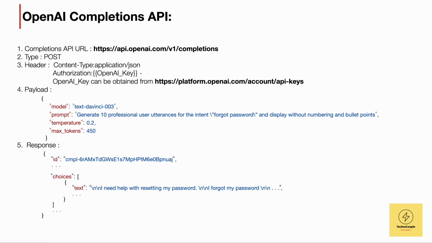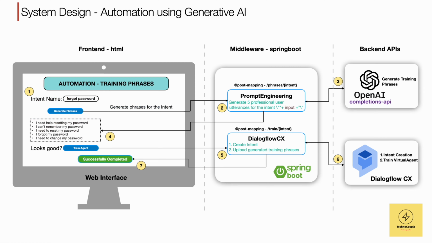In the Completions API response, we need to extract the text attribute of the choices object. Choices object is an array. Retrieve the 0th element of this array and read the value of the text field from it for the actual response. We then display the list of phrases to the user so that the user can go through the list and proceed with creating the intent with these training phrases.